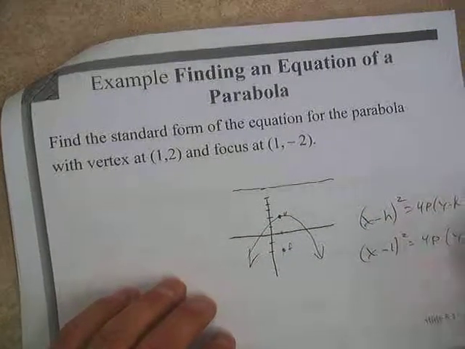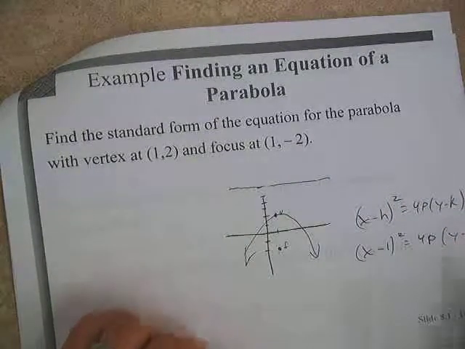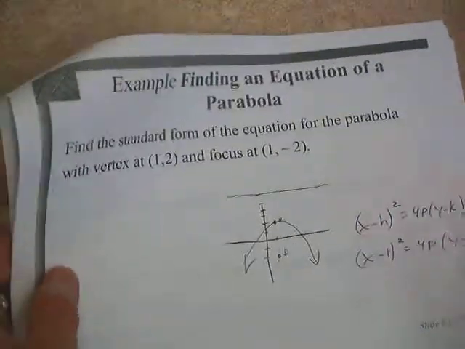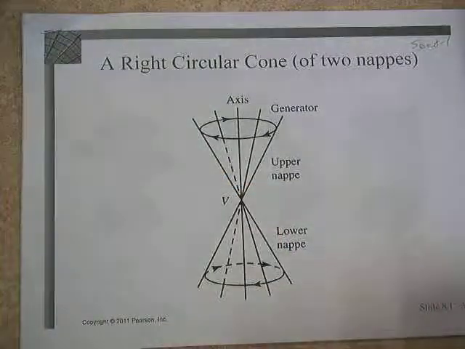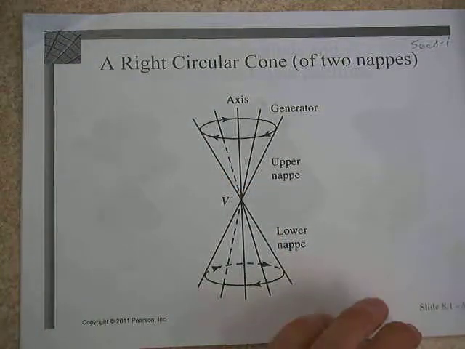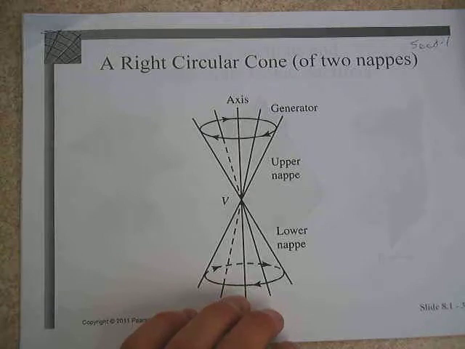As you can see, going back to the drawing, remember this time we're opening down. Anytime we're opening either down or left, that p-value is going to be negative. The distance from vertex to focus, of course, is that p-value 4. And again, it's negative because it opens down. Anything left and down, that p-value will be negative. Anything that opens right or up, the p-value will be positive, which again makes that leading coefficient positive as well.